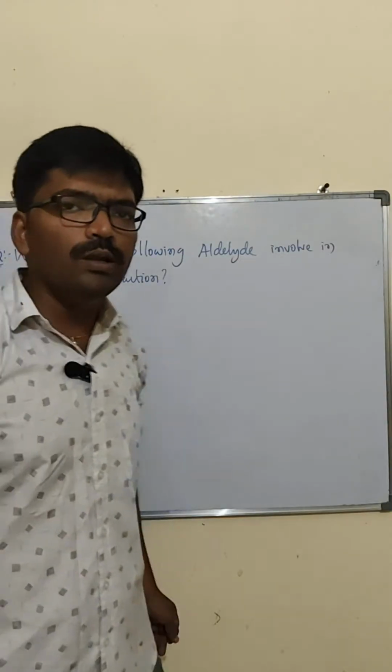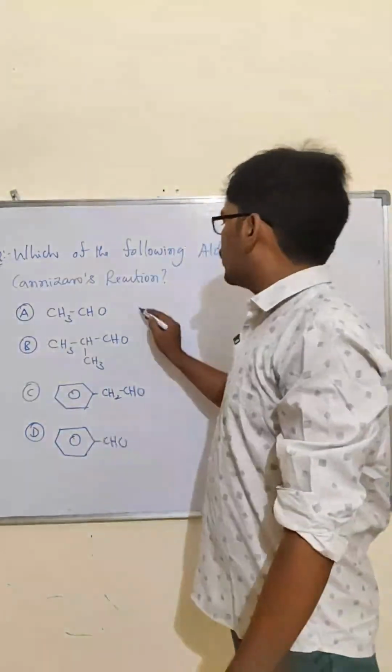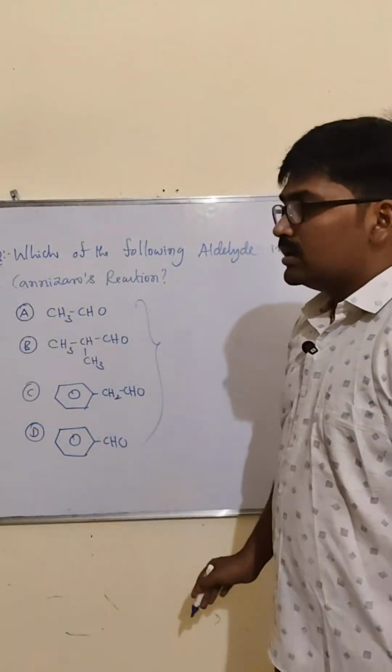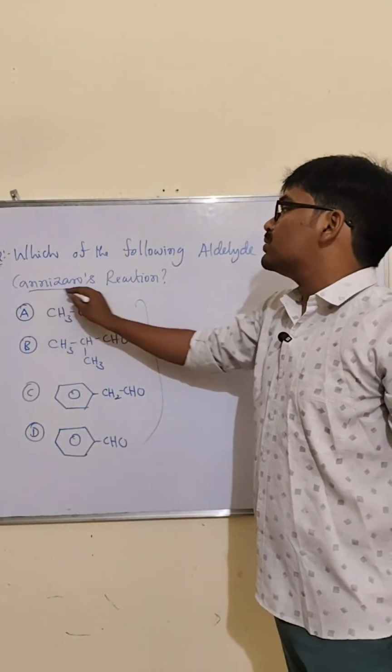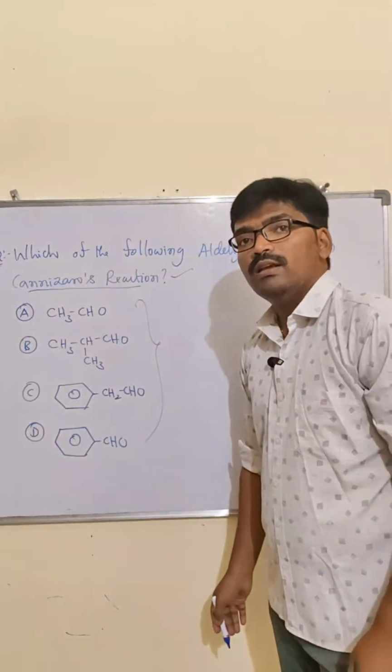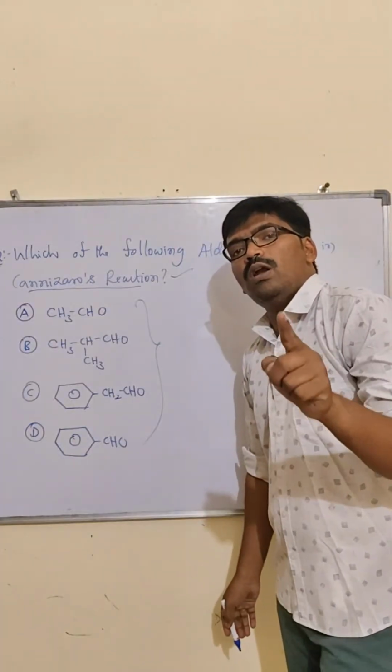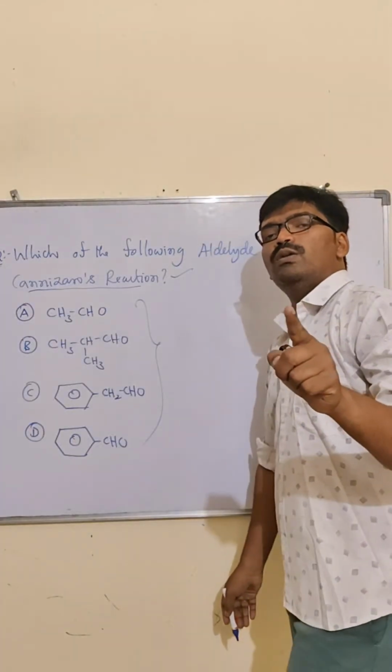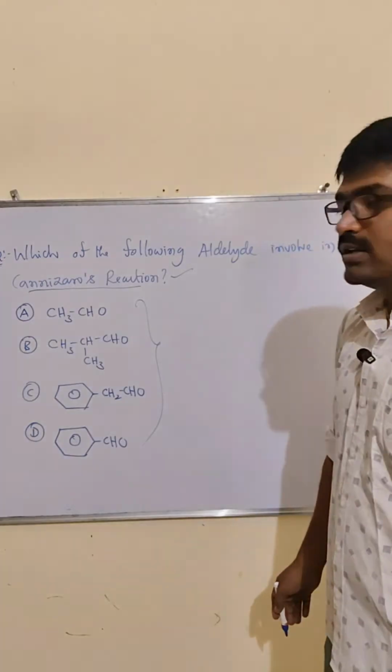All these are aldehydes only, my dear students. Sir, one is involved in the Cannizzaro reaction. According to the statement, aldehydes which do not have alpha hydrogen atoms are involved in the Cannizzaro reaction.